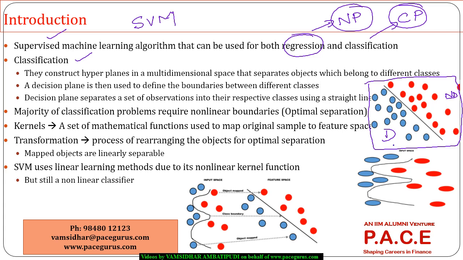I'm plotting a set of people, both defaulters and non-defaulters, on a graph. I have some variables on the x-axis, some variables on the y-axis, and probably a few more variables on the z and other dimensions as well.